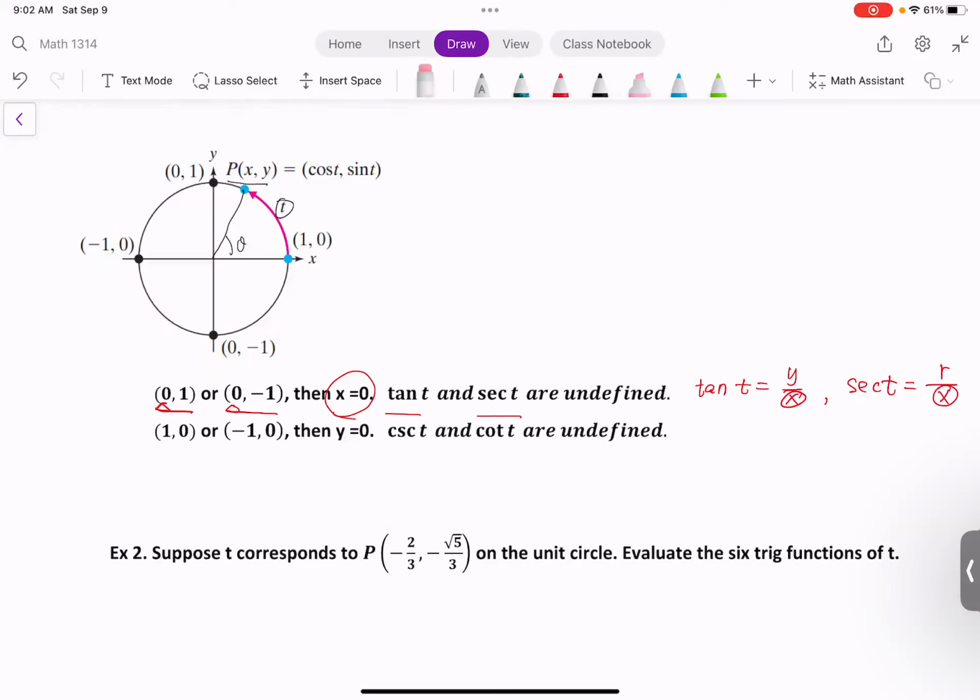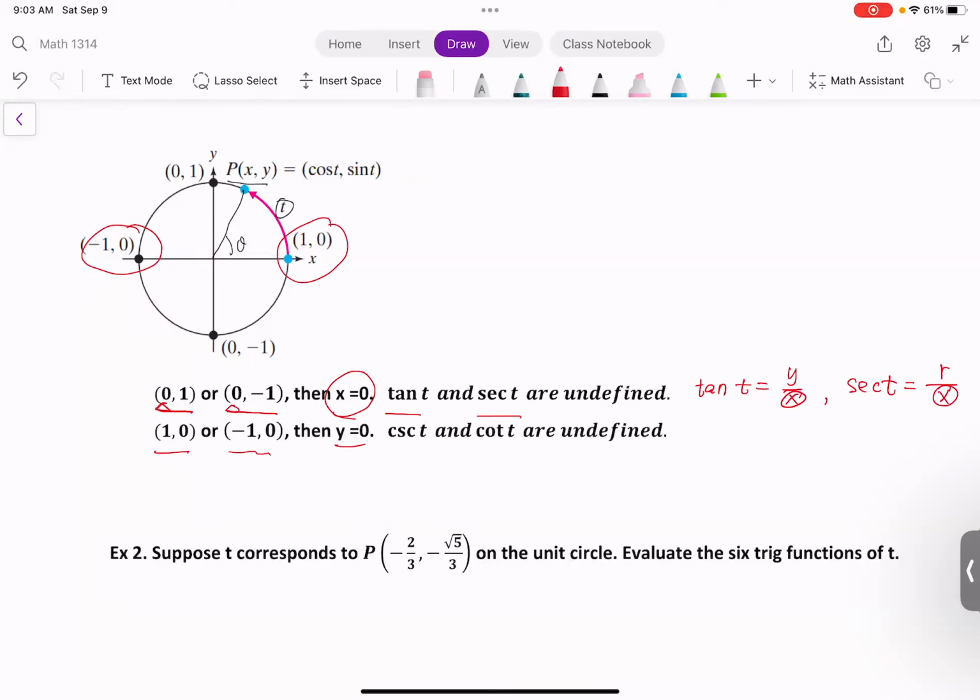Another 2 special points are (1, 0) and (-1, 0). They are the points here. They all have y equals 0. So what are the cotangent and the cosecant?